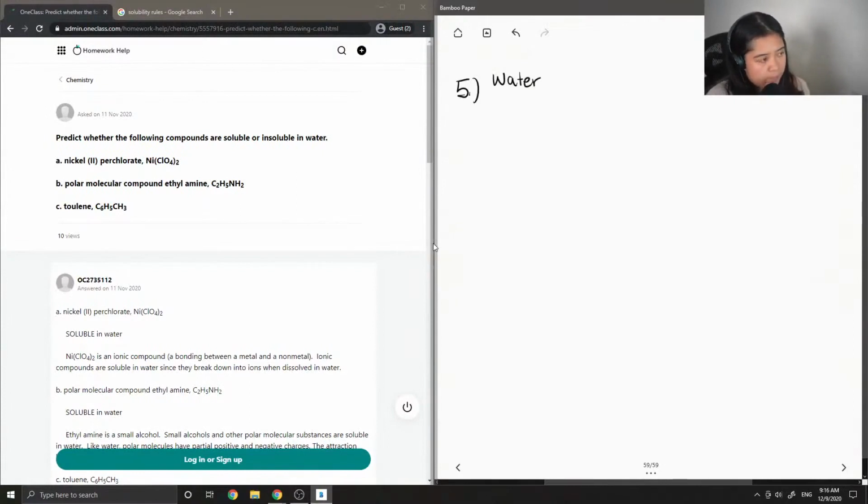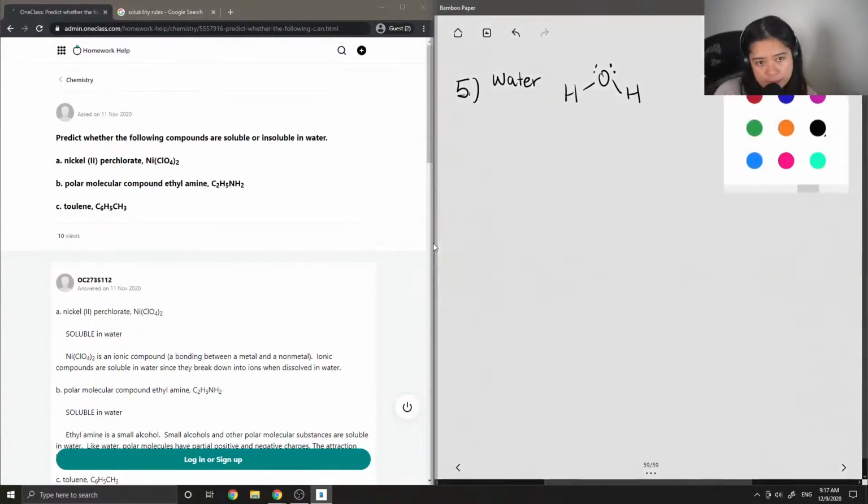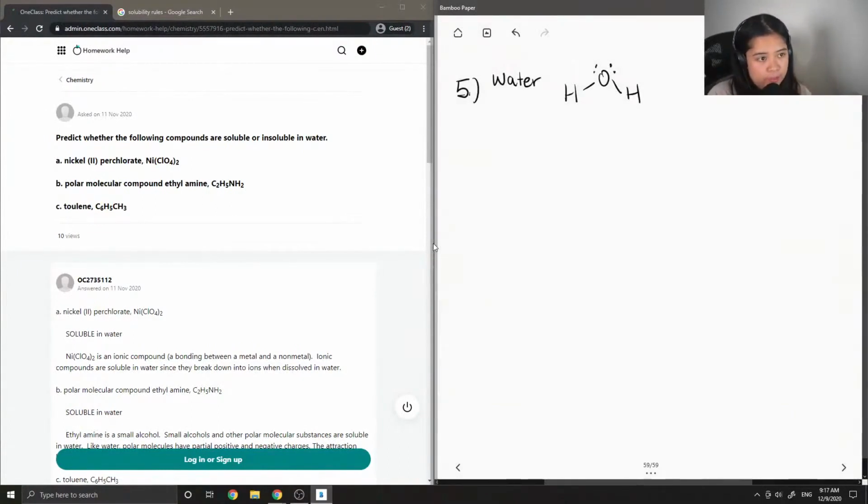Okay, so first we need to find out if water is polar or nonpolar. So let's draw out the structure of water. Oxygen is more electronegative than hydrogen, so I can show a non-zero dipole moment going in the direction of oxygen.